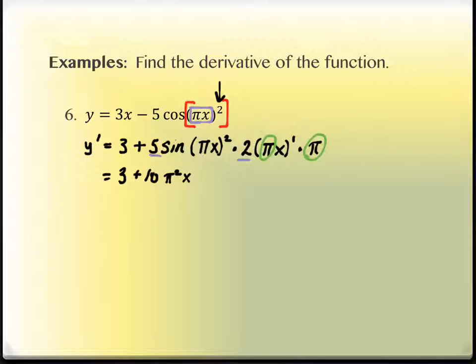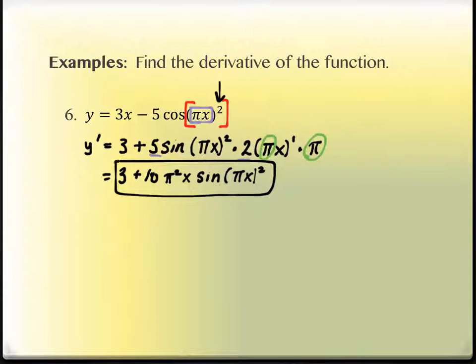And you have the x at the end. And then we have the sine of pi x quantity squared. Any questions on that one?